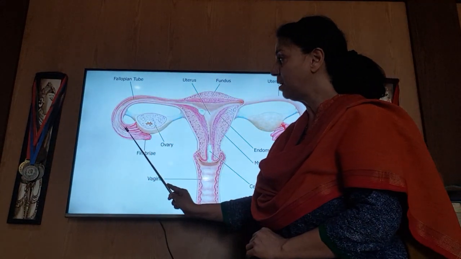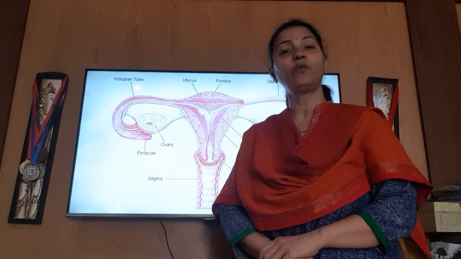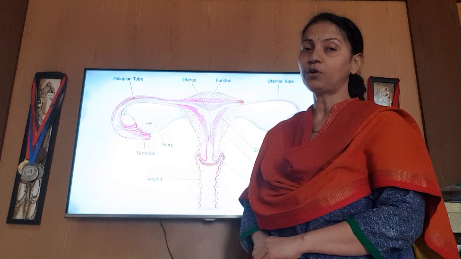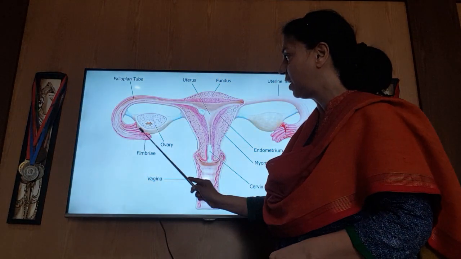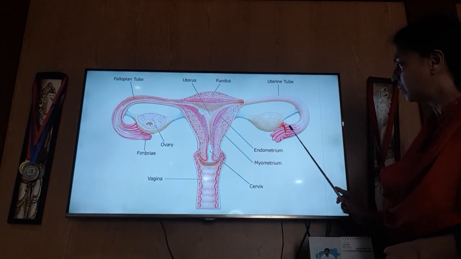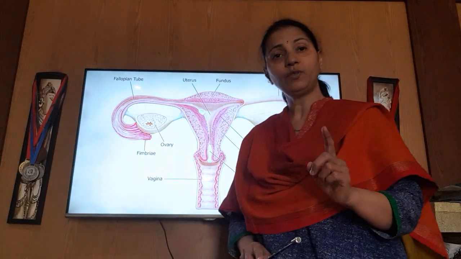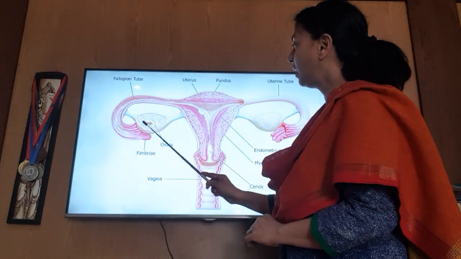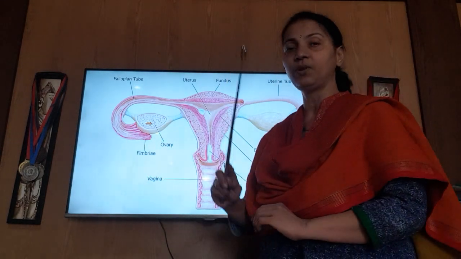The lateral end is the broadest, and so it is called infundibulum. And infundibulum bears a lot of finger-like projections, just like this. You can see finger-like projections here, very clearly. Of these fimbriae, one of them is longest and is attached to the upper pole or the tubal pole of ovary.